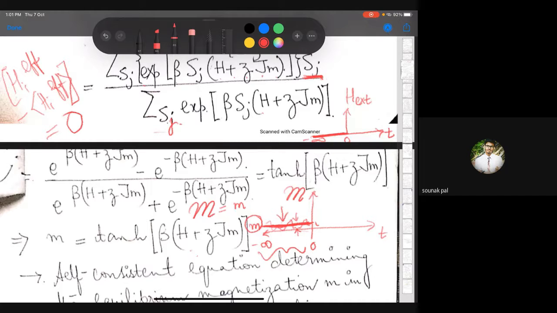Now you turn on a magnetic field to drive the system out of equilibrium, right? So let's say you turn on a magnetic field that is changing as a function of time. So H external is, I don't know, increasing as a power law or something.